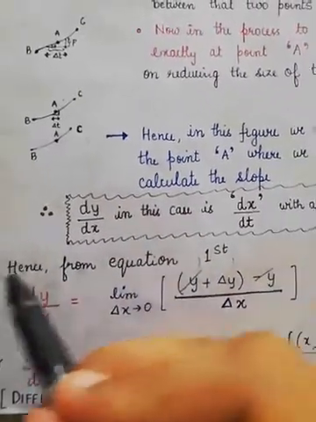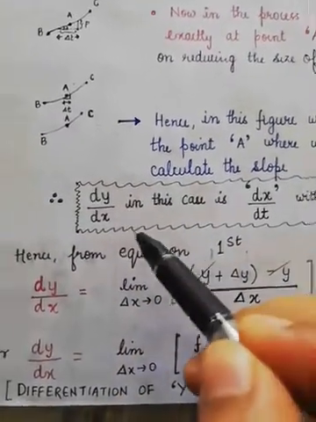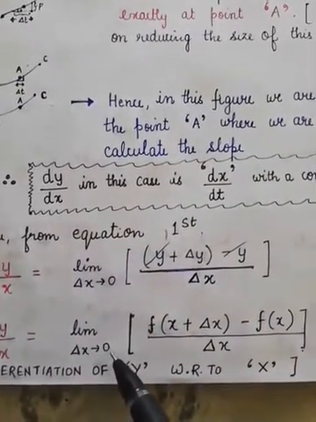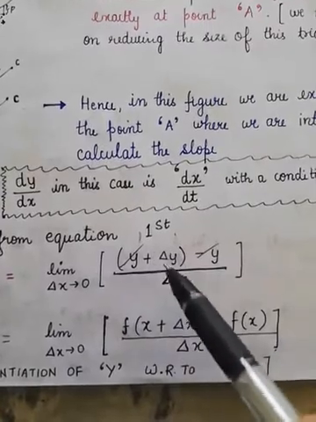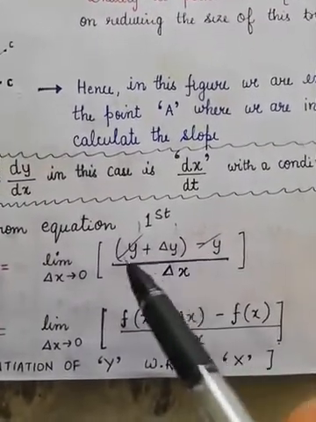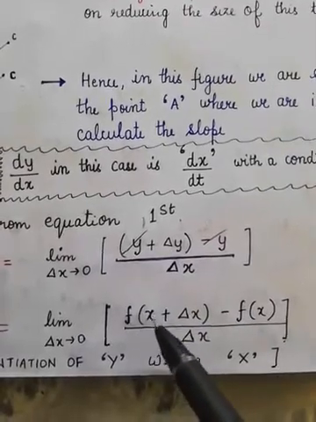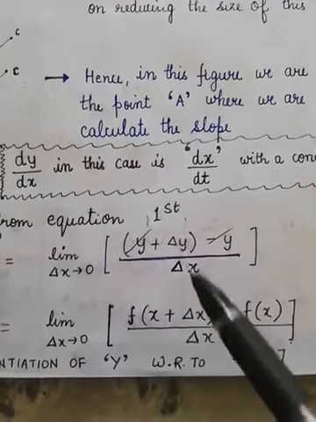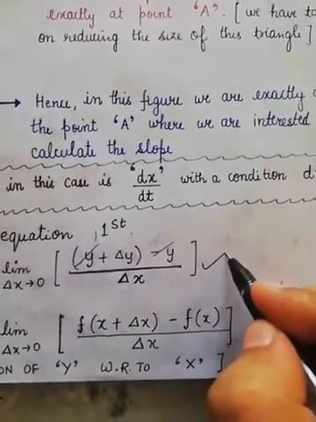So this is the mathematical representation of differentiation. dy by dx is limit delta x tends to 0, and you know how to represent delta y. How do you represent it? f of x plus delta x minus f of x upon delta x. So this is one way to represent differentiation.